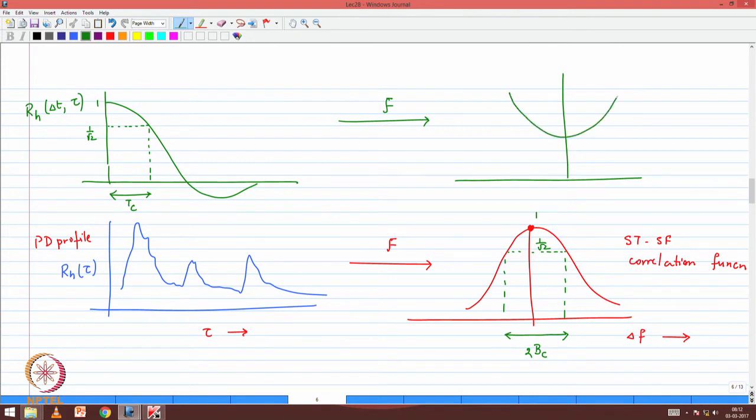The Doppler spectrum had an inverted U shape with the peaks occurring at the limits minus f_D and f_D. So this was S of rho comma tau, and this was R_H of delta T, delta F.